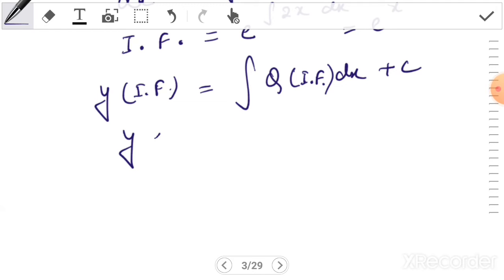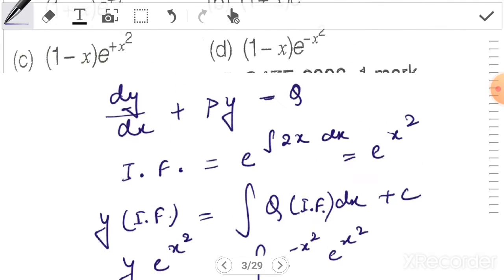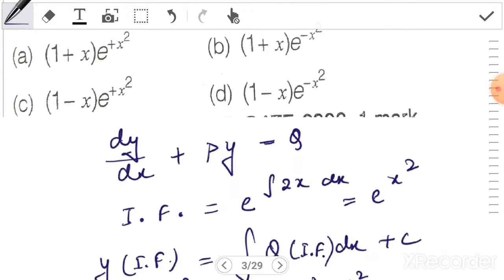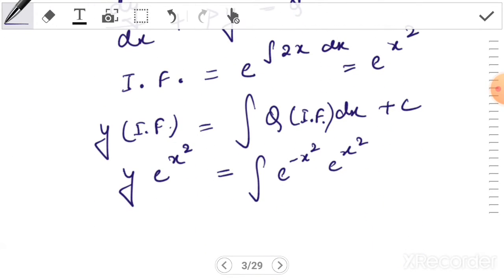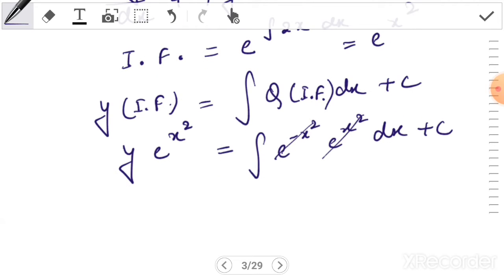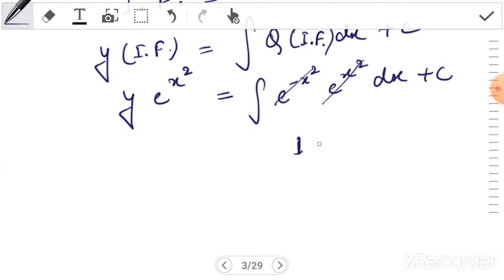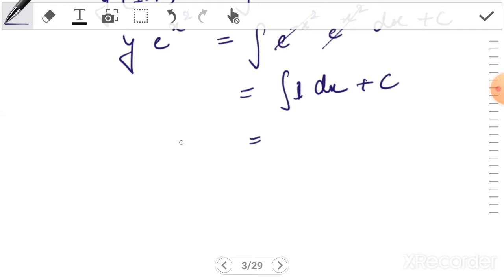Now y times e^(x²) is equal to the integral of e^(-x²) e^(x²), because q is e^(-x²) and the integrating factor is e^(x²), which will get cancelled. So this will be the integral of 1 dx plus c, which gives y e^(x²) is equal to x plus c.